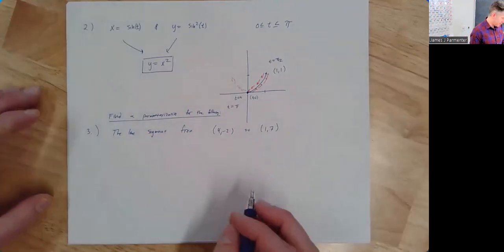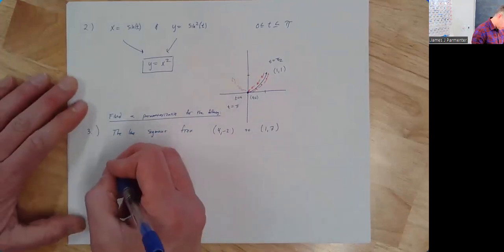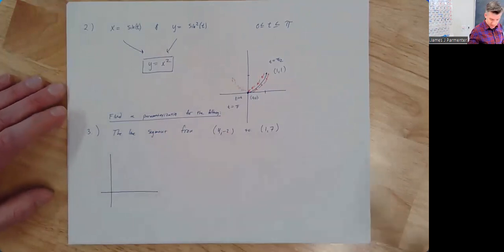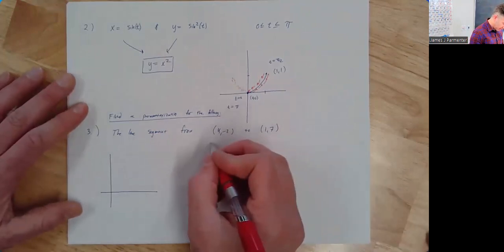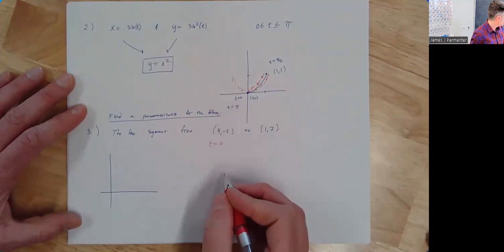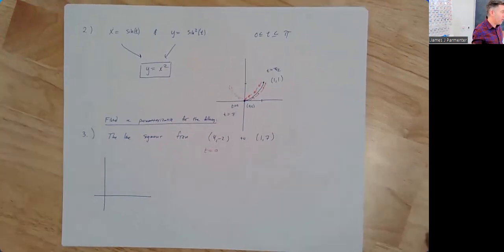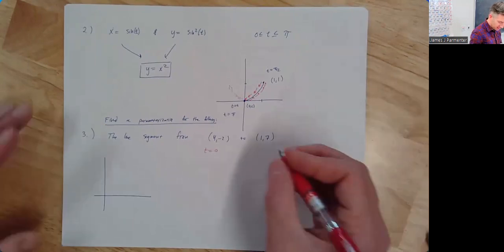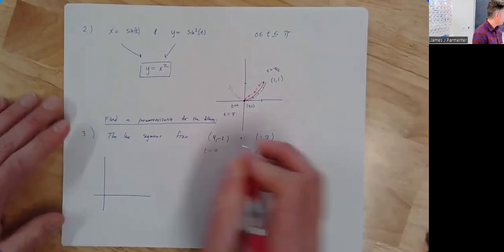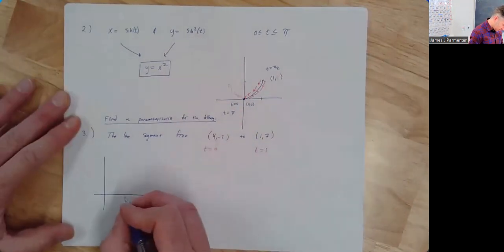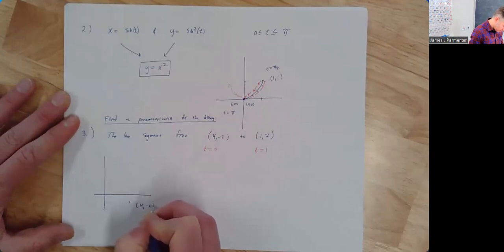So it doesn't really matter how you want to do it, but when I think about this, if I'm going from and to, I usually like to say the place I'm starting at is my t equal to 0. And the place I'm ending at, it is usually, although not required, but it's usually convenient to say that we're ending here when time equals 1. It's just easy that way. So now if I draw this, I'm essentially starting over here at 4, -2.